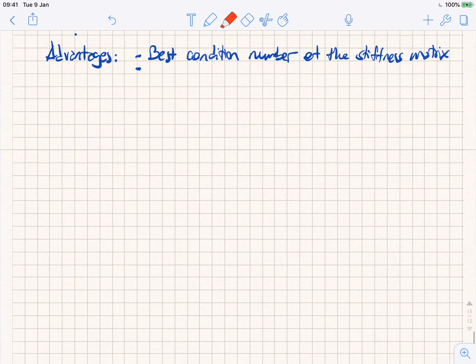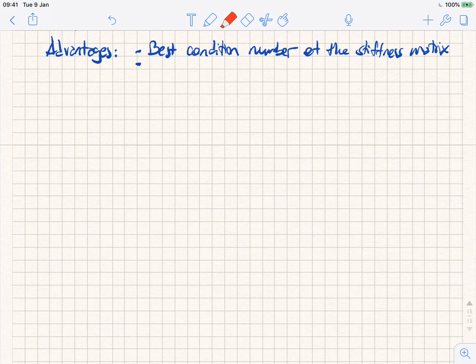So let's move along, because we do have a lot of material to cover today. We said that since these are hierarchical functions, to compute a polynomial order p we can reuse everything that we have computed up to p minus 1. So let's just state that.